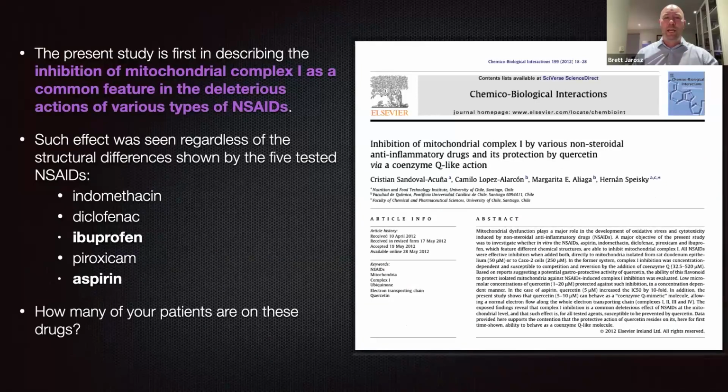So if we look at this study, first study to describe the inhibition of mitochondrial complex 1 as a common feature from NSAIDs. So taking Nurofen, ibuprofen, aspirin, these NSAIDs, think about how many patients that you see that are on these medications.